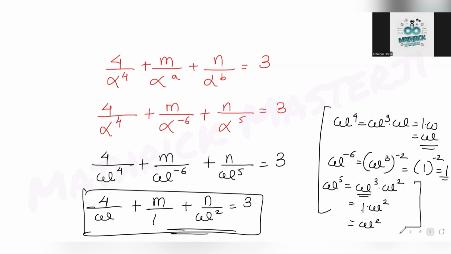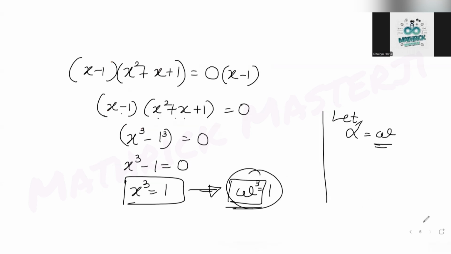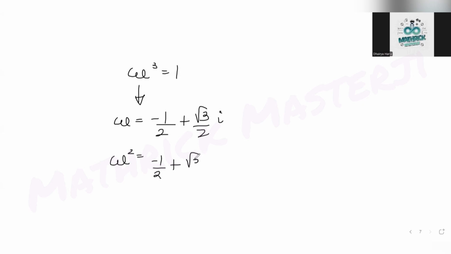So from here, we know that when omega cube is equal to 1, it has 3 roots, out of which omega, we know it is minus half plus root 3 over 2i, and omega square in that case becomes minus half plus root 3 over 2i squared, which makes it minus half a plus b the whole square.